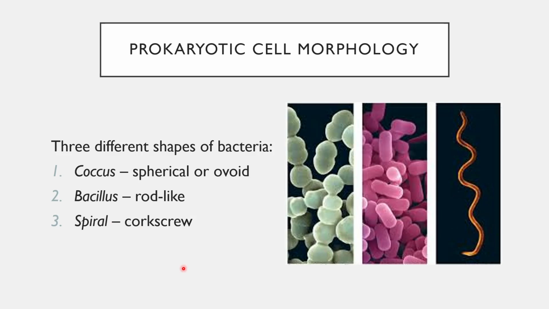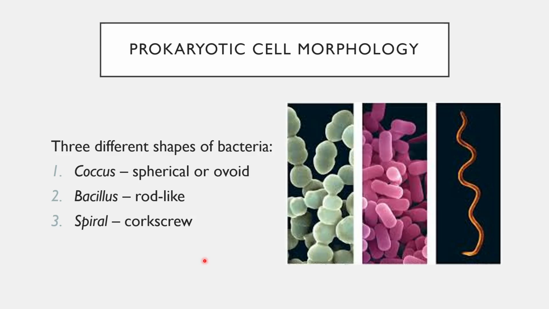However, shape is not the complete picture of a cell's morphology. There are 2 different components that go into what we call a cell's morphology. There is the shape of the cell, but there is also the arrangement of the cells and the relationship that the cells have to each other when they are in aggregate form.